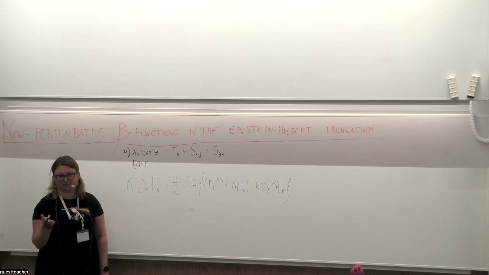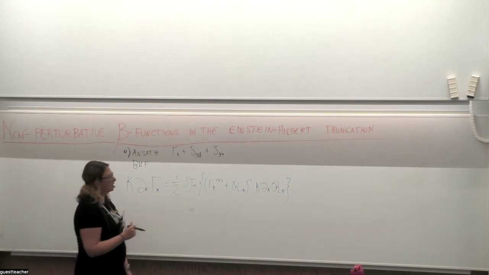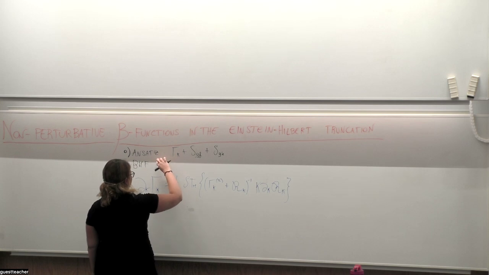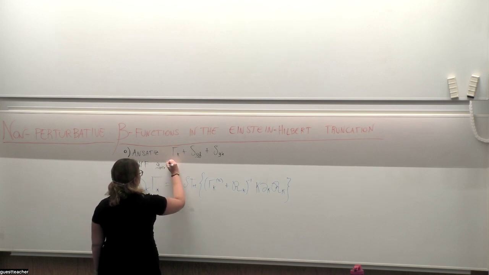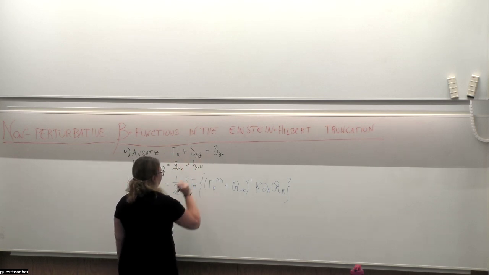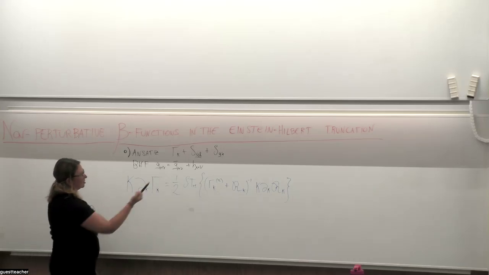And as Benny said, one can use different ones, but then it gets more complicated. So the metric g_mu_nu will be a background metric plus fluctuations. And what does that practically mean?